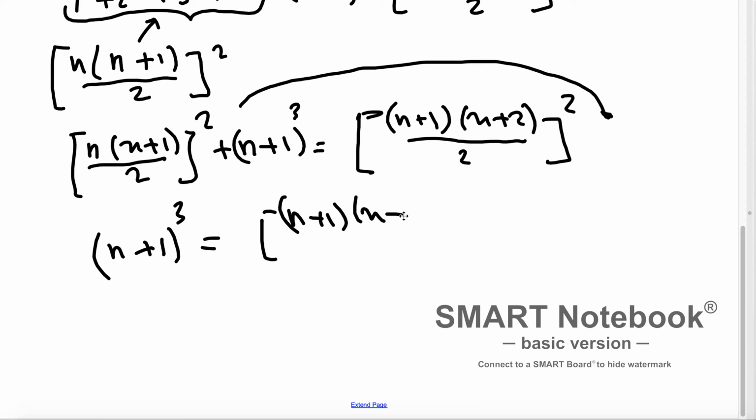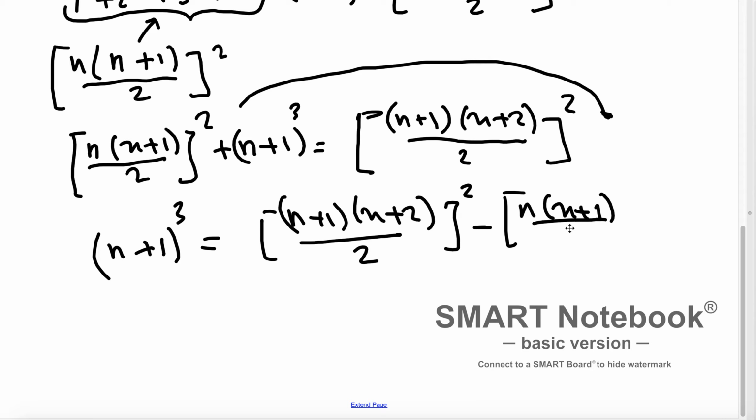Here is a square minus, I'm sorry, because it's going to change the sign. I already said that, but for some reason I wrote plus, it is a minus. This part here, because we moved it to the other side, we are subtracting everything by n plus 1, and here is a minus n times n plus 1. Everything here is a square.